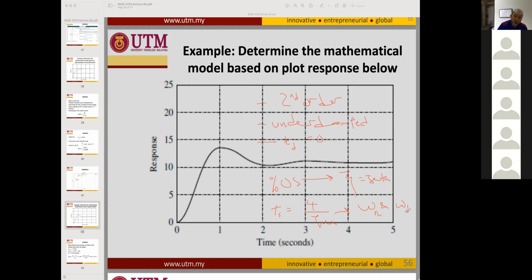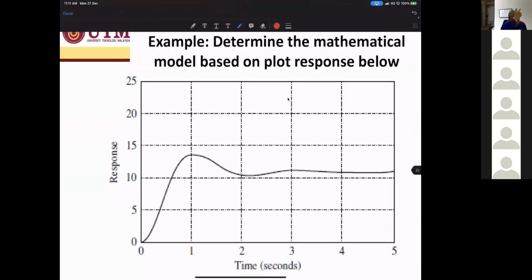Then find the K value. So this is the data.